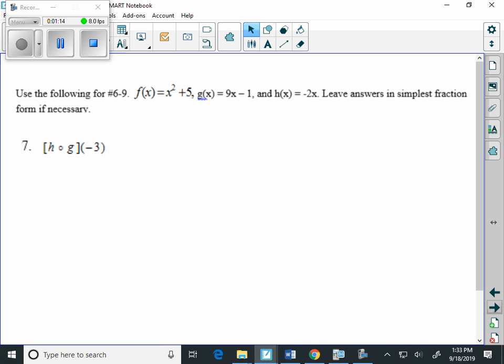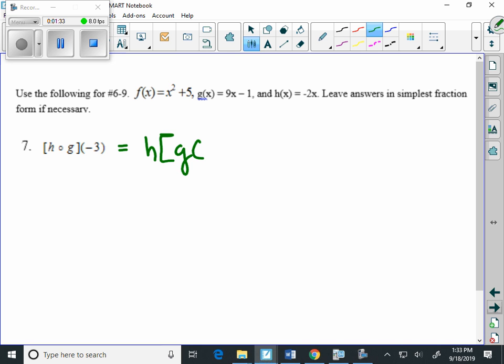Most of the problems that we did were more like 7, 8, 9, and even 10 and 11. Still the same functions, but we have a little bit different notation on this particular one. h open circle g of negative 3 is the same thing as h of g of negative 3.